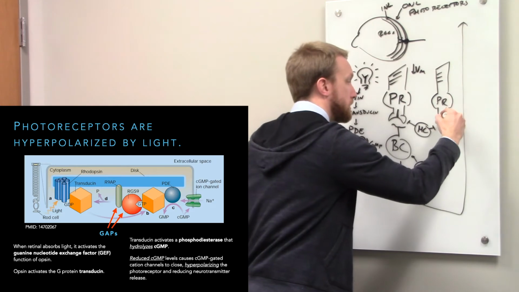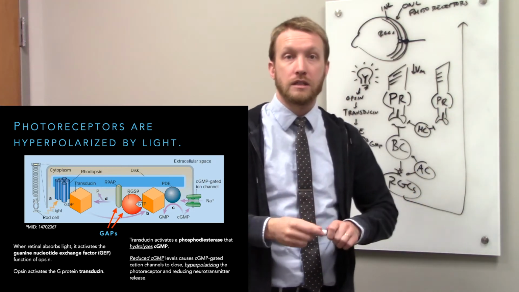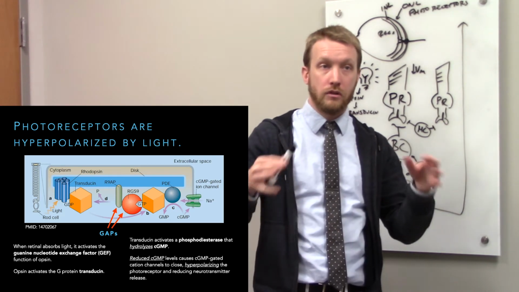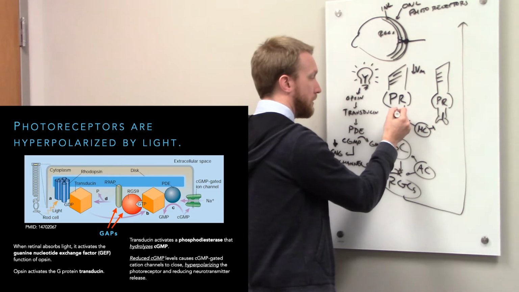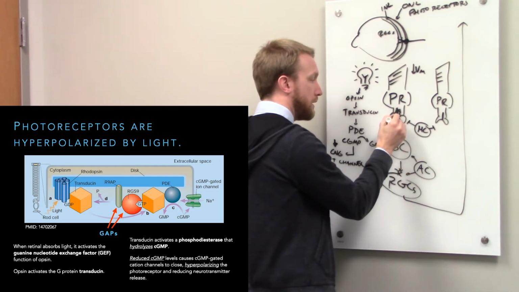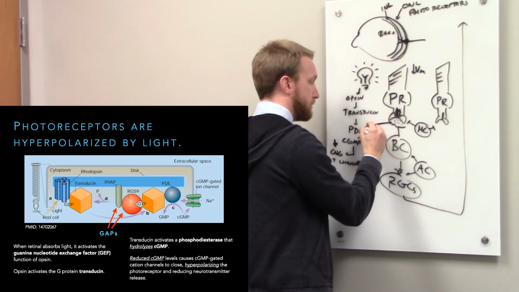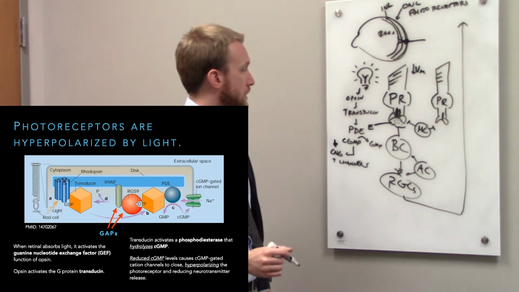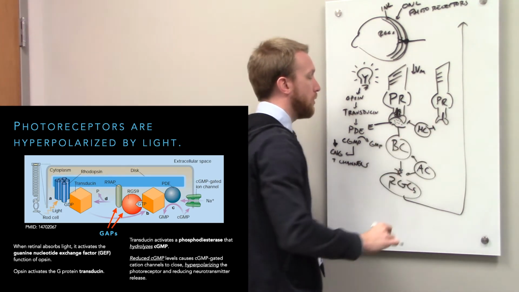Now there's a constant efflux of neurotransmitter out of our photoreceptors. So they have those ribbon synapses just like our hair cells in the inner ear. So they're always spitting out glutamate. That's what we're releasing here. Glutamate. That's going to stimulate horizontal cells and bipolar cells.